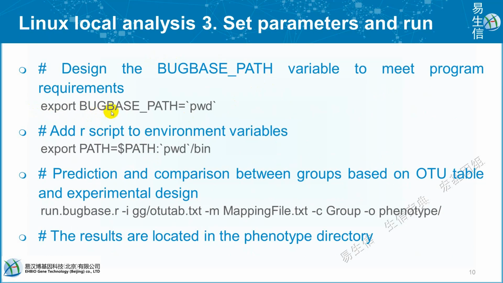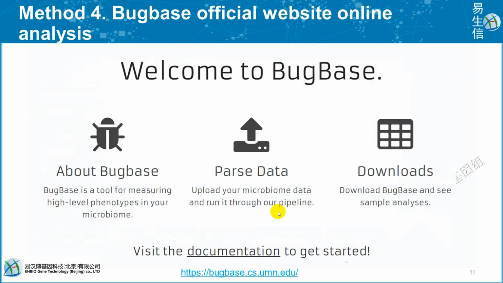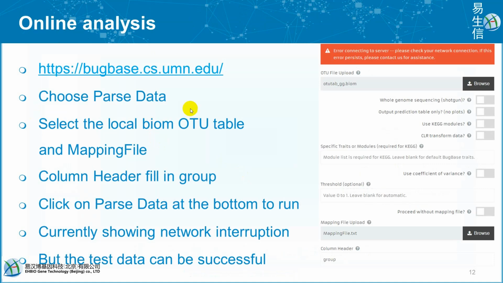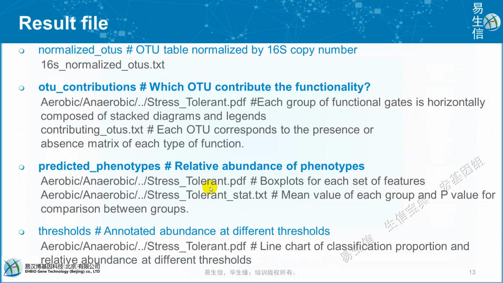You can see here, export BugBase path, run BugBase with the Greengenes OTU table text and mapping file. The fourth method is visiting the official website of BugBase and clicking on parse data. We can upload our OTU table file and our mapping file, choose the column header for the group, and then just wait to generate our result.